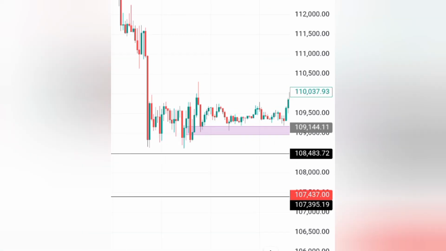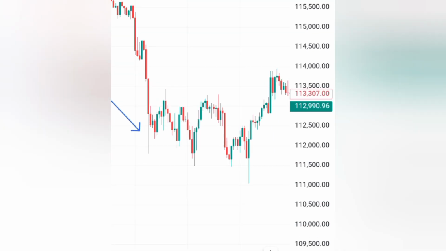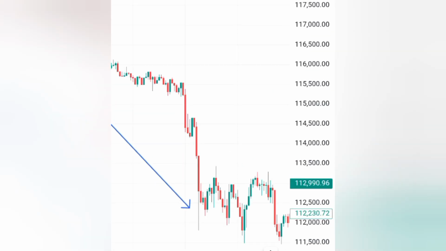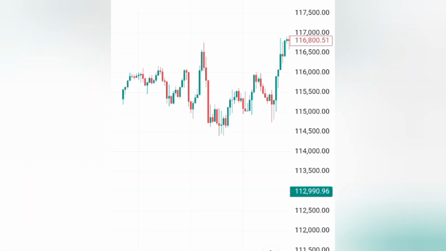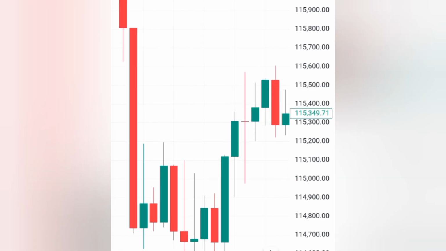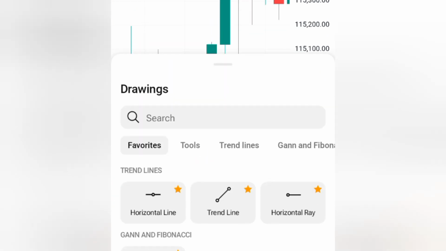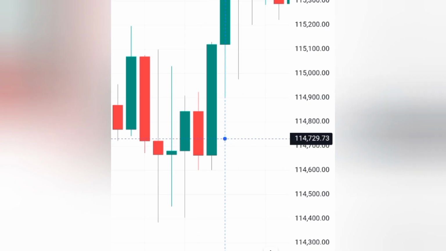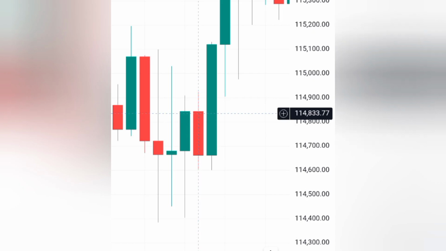Also, you'll find some zones with bullish engulfing or bearish engulfing candlestick patterns. For example here, this was a bearish market, right? Then it formed a bullish engulfing candlestick pattern. This candle engulfed this bearish candle, making it a potential reversal for buys.